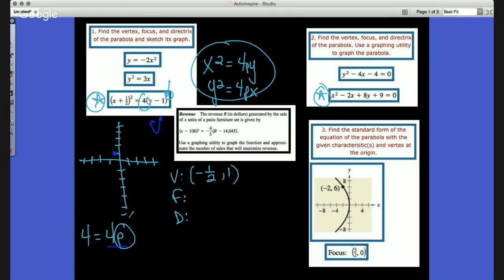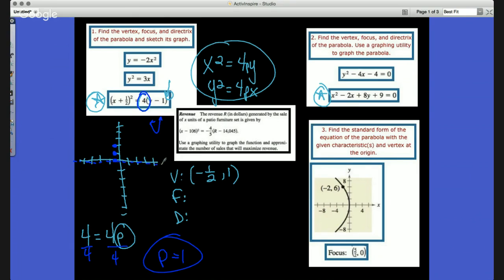We set 4 equal to 4p, divide by 4, and p equals 1. So since it's going up, this is going to go up 1, and that's my foci, okay? And then I'm also going to go down 1, and this is my directrix.